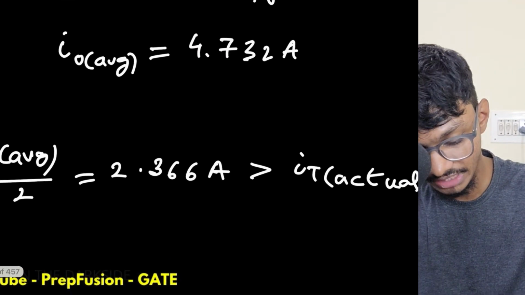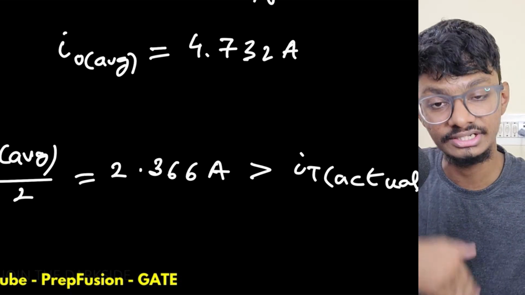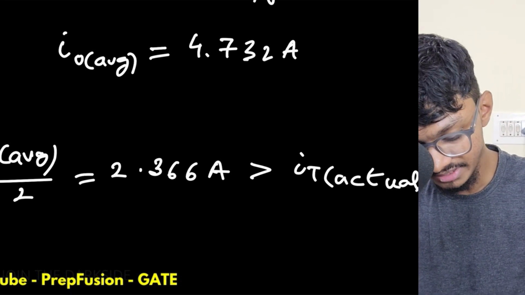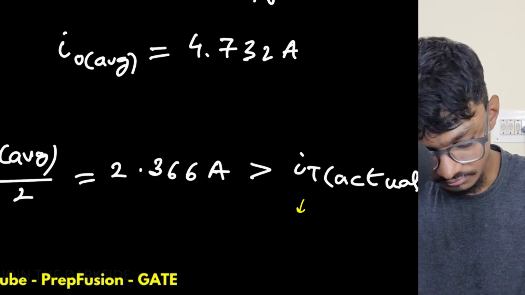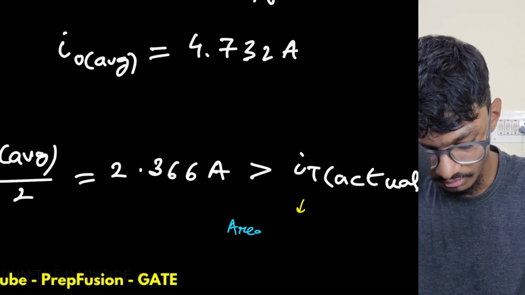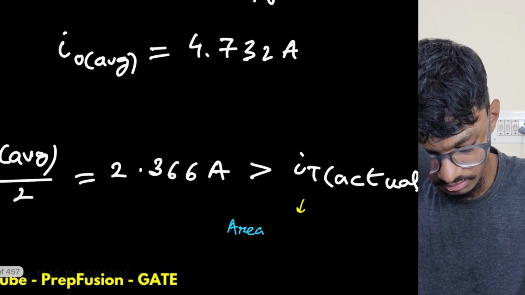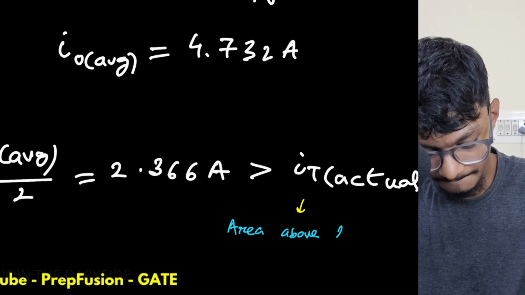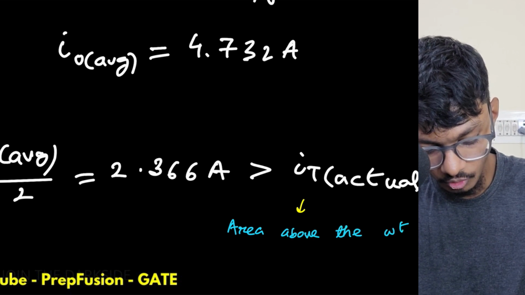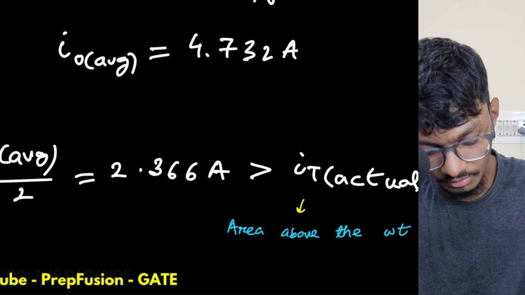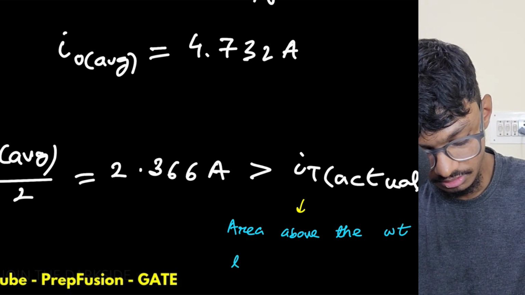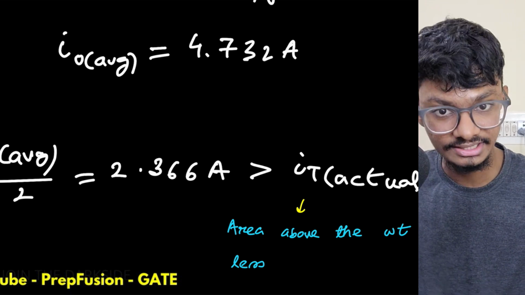So if my actual average thyristor current is lower, that means the area above the omega t axis is less than what I had initially understood.